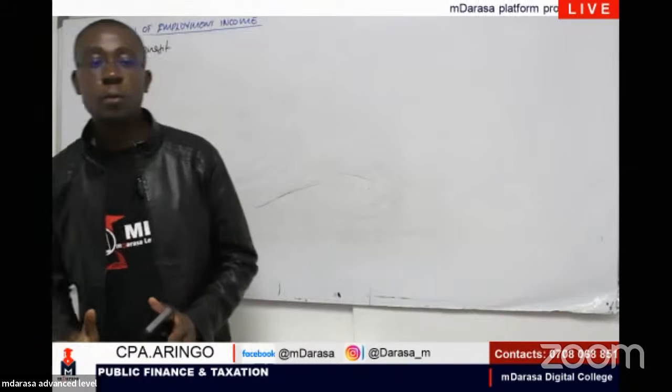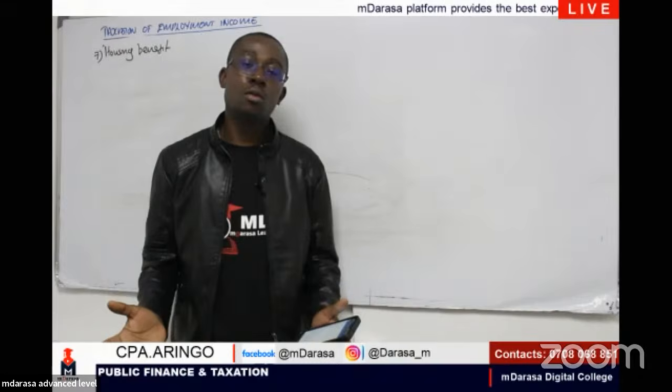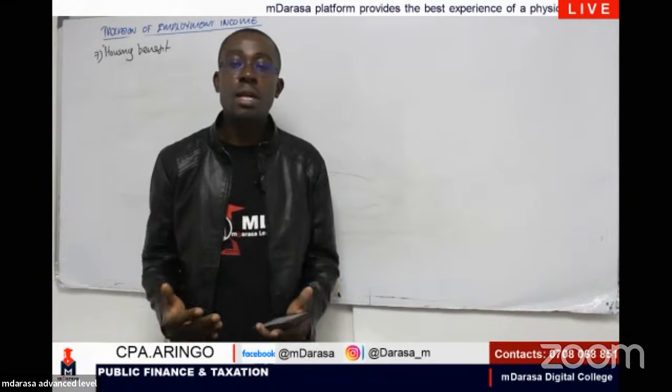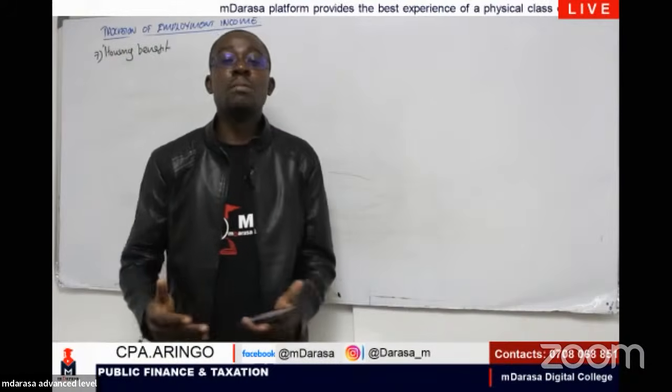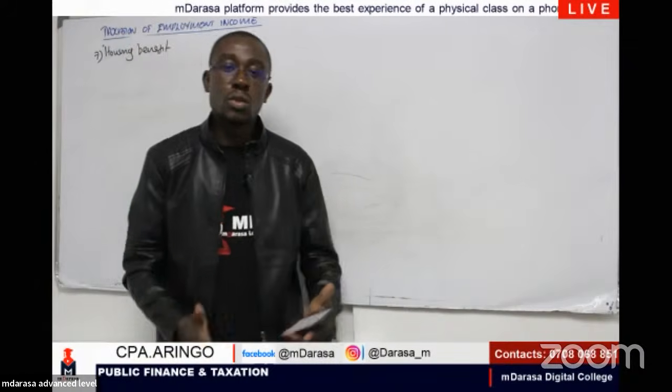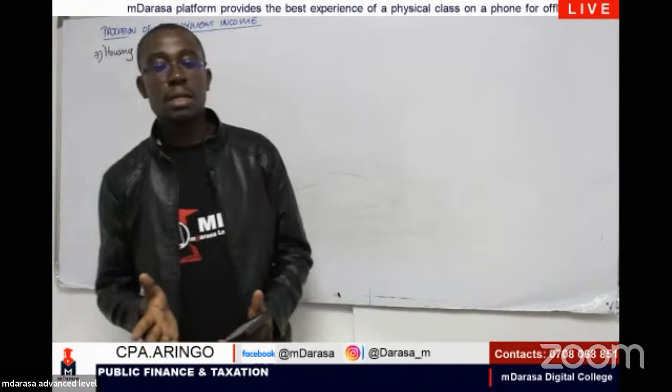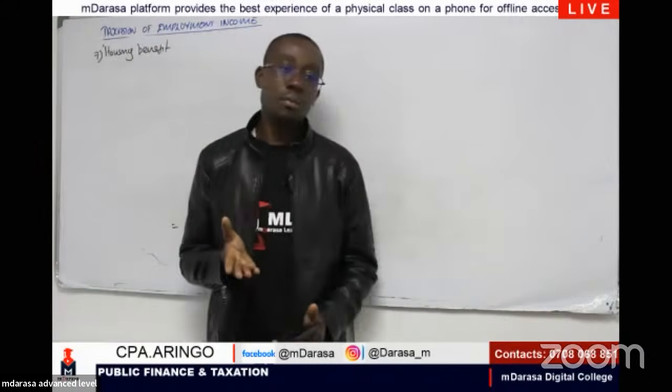So at what point will I be having this benefit? Many a times the employer may decide to give us a house, or may decide to house us, or maybe even pay rent for us. In this case, we'll be expected to compute the housing benefit.